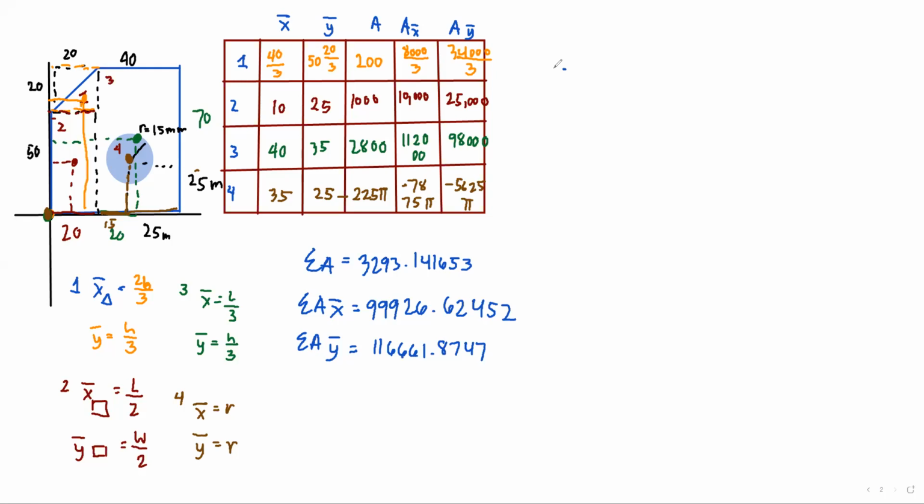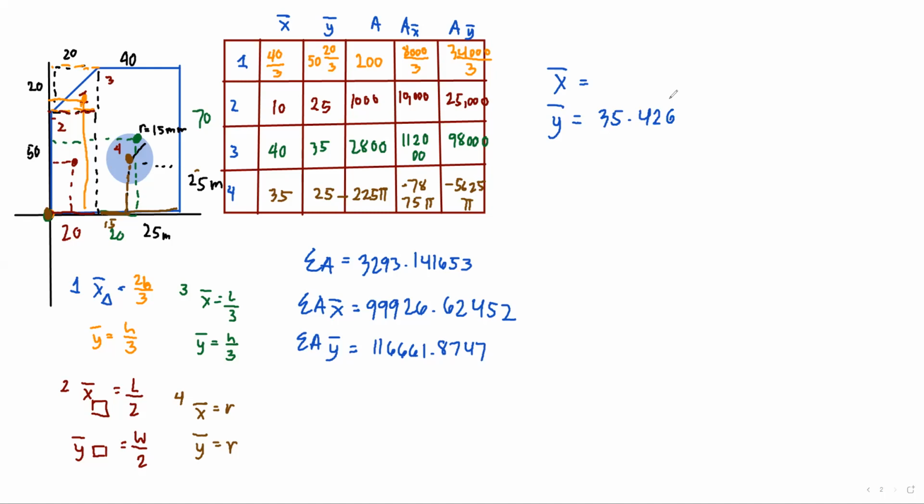So which is equal to, ayan, then y. So divided by 3293.14165, which is equal, ito, yung y natin is 35.426.